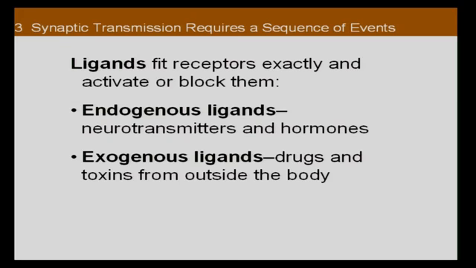But you could put a lot in there and really hype up a system, or block a system off. We're going to talk about that later. Exogenous ligands are drugs and toxins from outside the body. Okay? So we're going to talk about drugs and how they commandeer the endogenous ligand system of the brain in Monday's lecture.